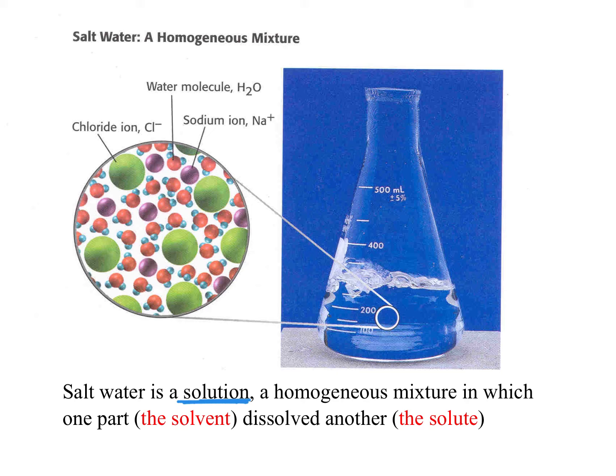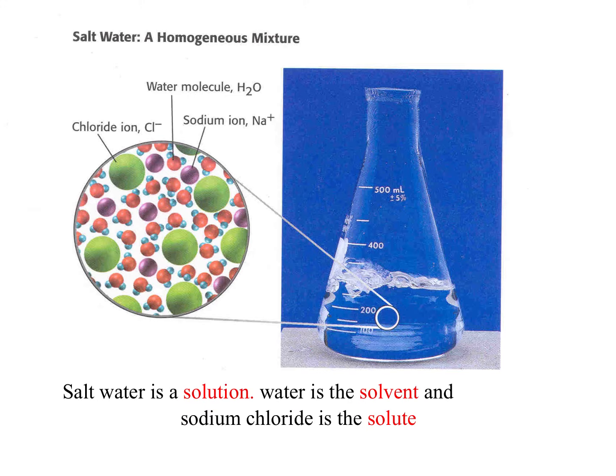So with salt water, the solvent dissolves the solute. With salt water, water is the solvent, and salt, sodium chloride, is the solute. And it's all blended in uniformly. Solutions are always such that the solute is completely dissolved in the solvent.